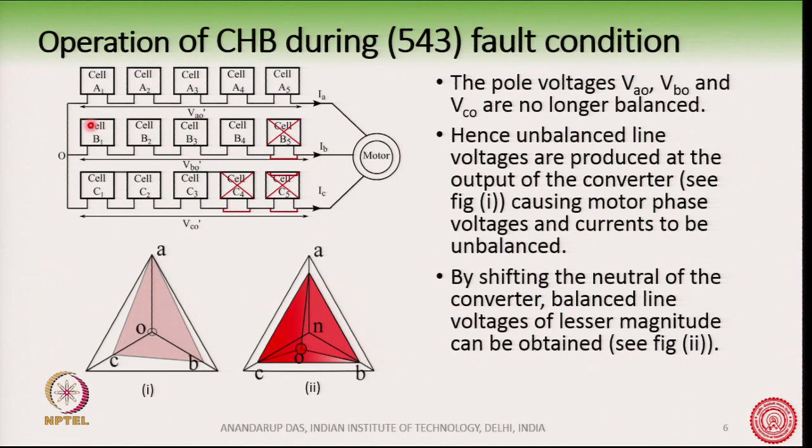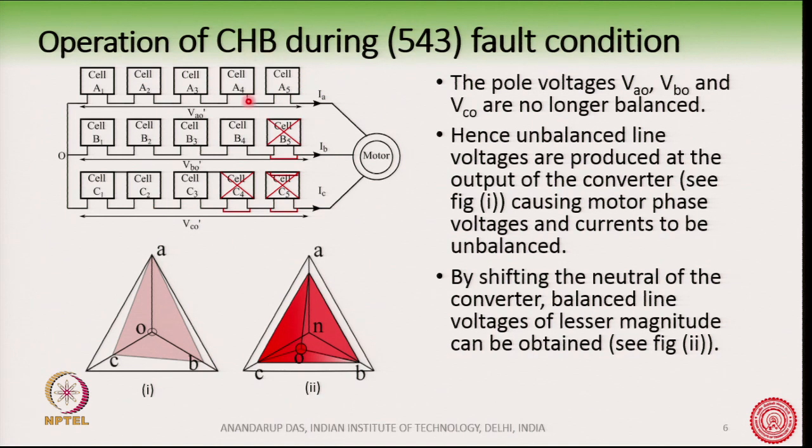That is definitely a possibility, but what we will see in the analysis is that the magnitude of voltage obtained by this process will be less as compared to the case where we use all the available healthy cells.